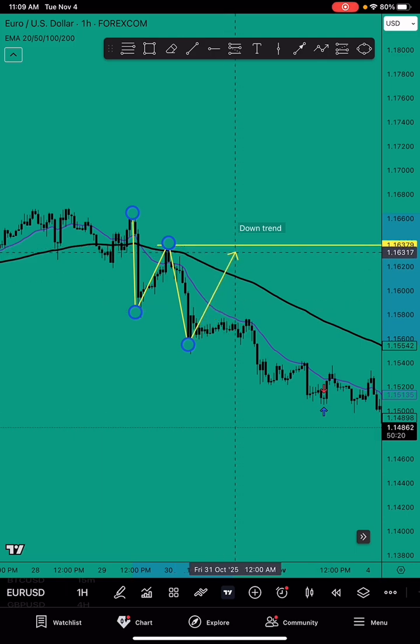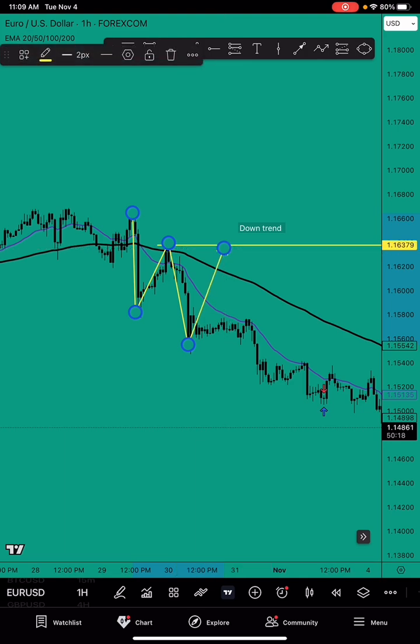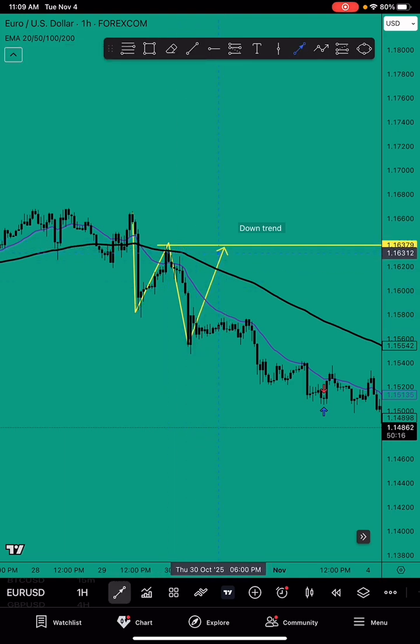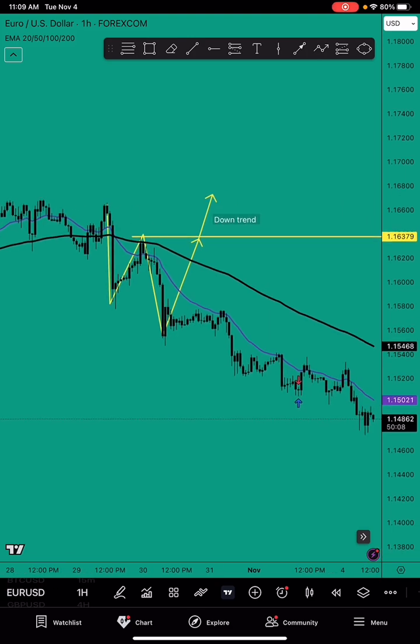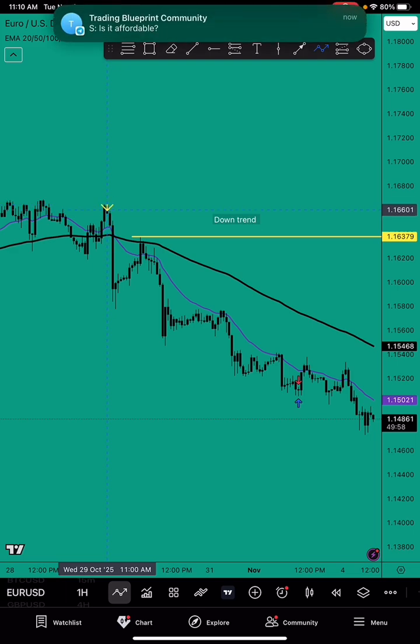So it can pull all the way back here. And then what would it need to do? It would need to reverse. If it continues, we are no longer in a downtrend. Now we are in an uptrend.